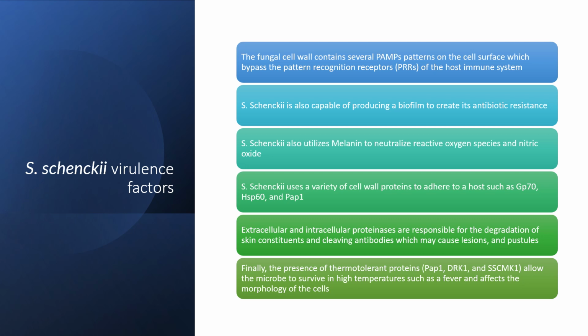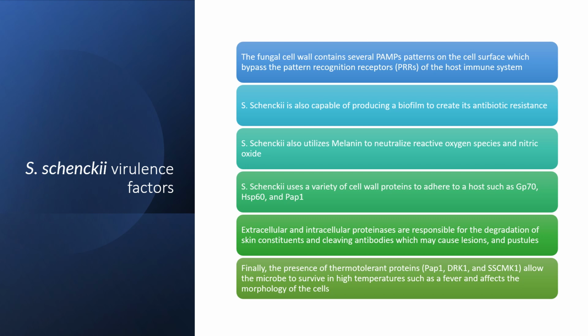S. schenckii is also capable of producing a biofilm that makes it really hard to remove once it has taken hold of a host. It uses a variety of cell wall proteins to grab on and keep hold of the host, adhesins such as GP70, HSP60, and PAP1.